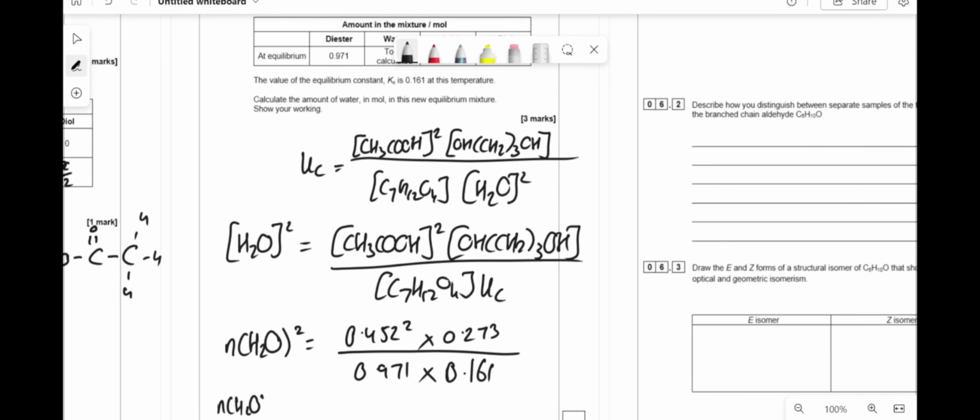Therefore, the moles of H2O squared equals, let's put those numbers in and see what we get. 0.452 squared times 0.273, divided by 0.971 times 0.161. That gives you 0.357. Therefore, the moles of H2O is the square root of that, which is 0.597.